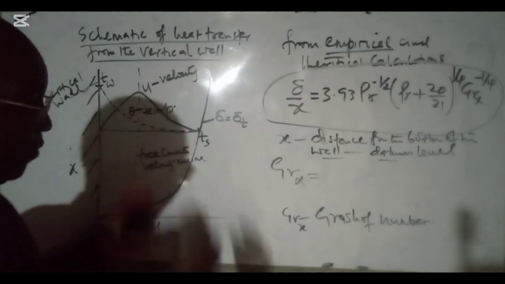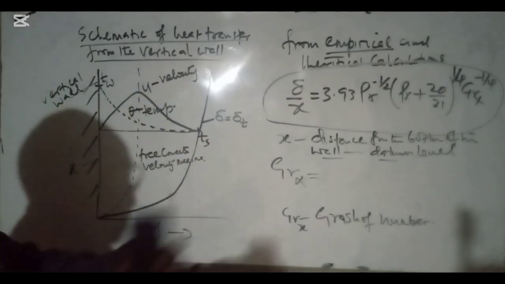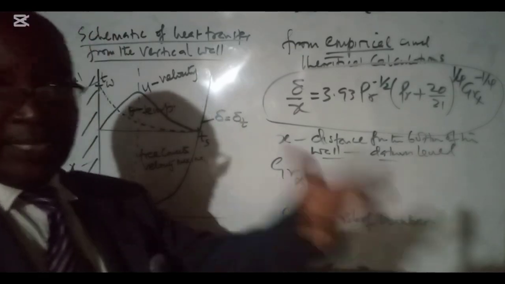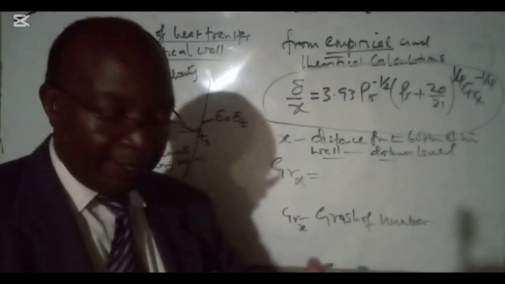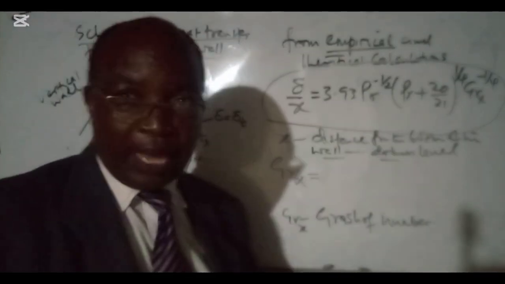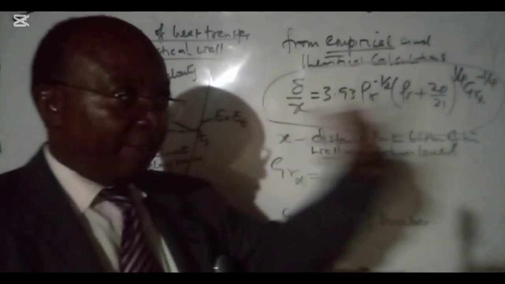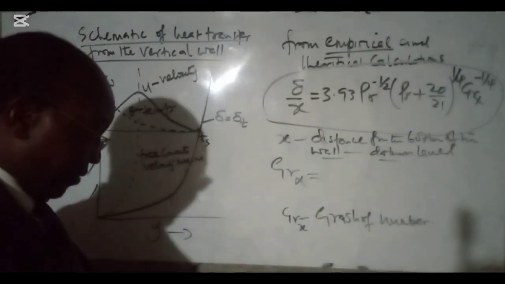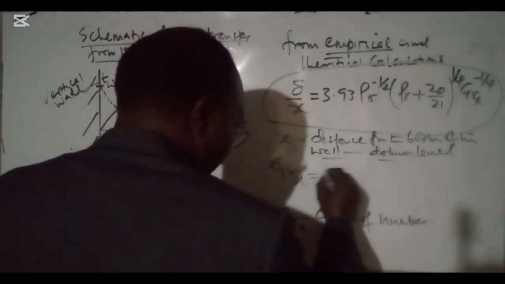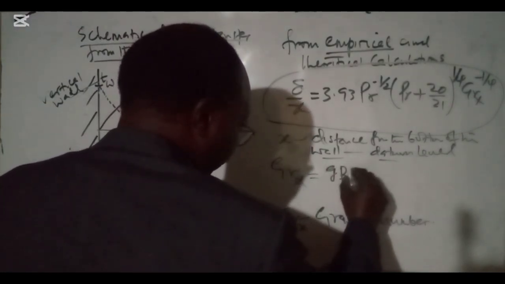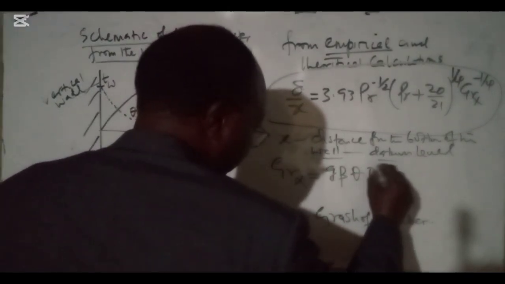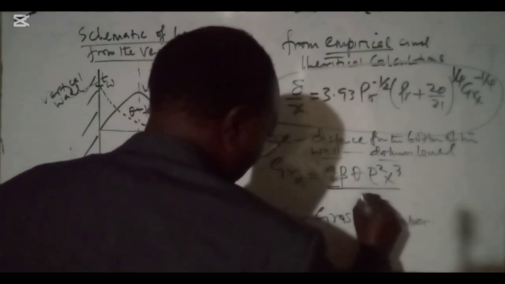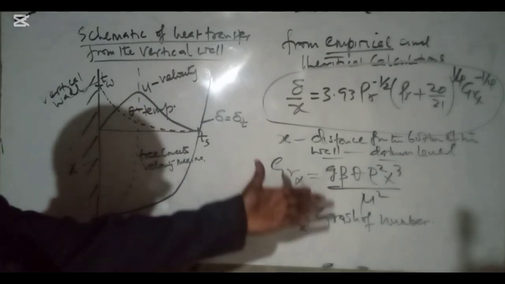And it's a combination of these quantities, so it's basically dimensionless. Remember, we have seen several numbers. We have seen Prandtl number, Reynolds number, Stanton number, Nusselt number. Now this is Grashof number, which is also a combination of these quantities, so it's also dimensionless.